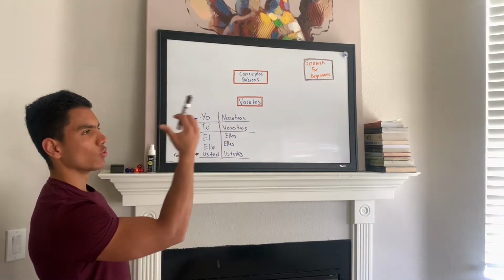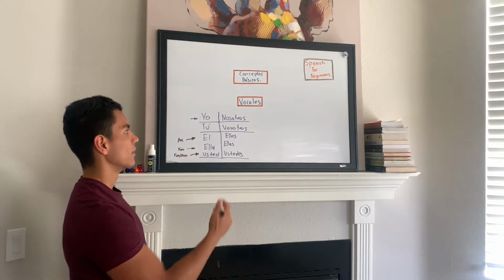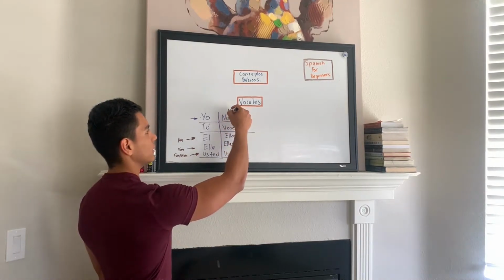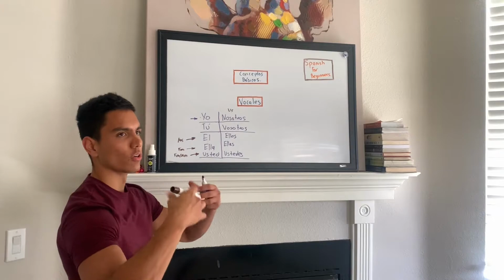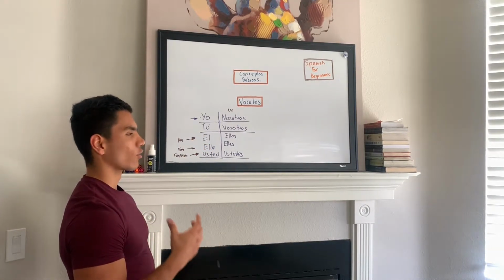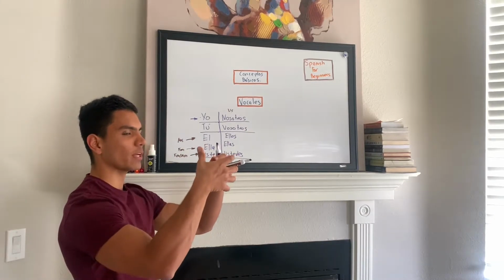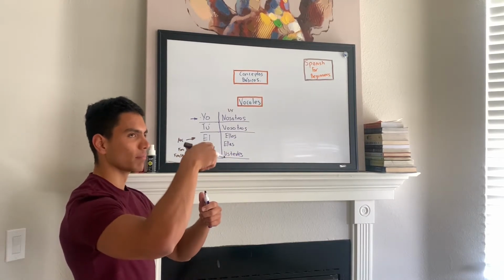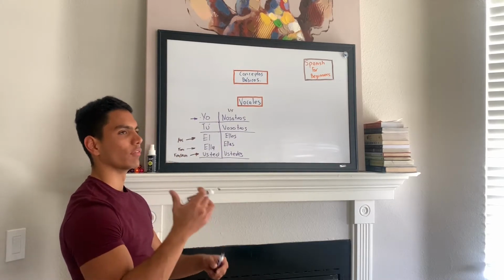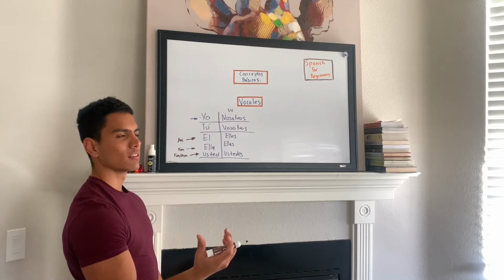And now we're gonna go to the next part of the table, that will be us, or nosotros. That will be in general. So basically, if you're in a group of people and you're referring to that group, but you're inside of the group, it's gonna be referred to as nosotros, or us.